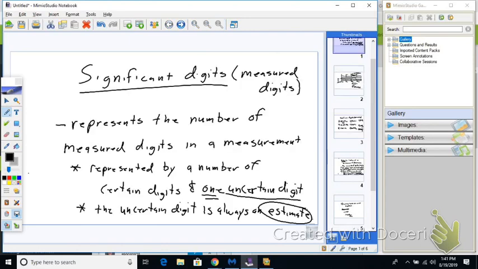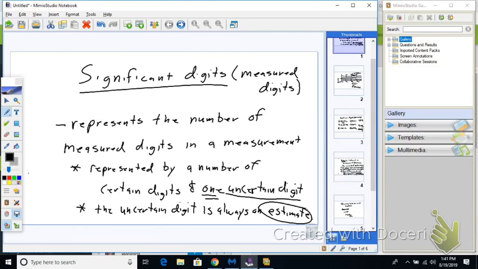Okay? Going back to our definition, significant digits represent the number of measured digits in a measurement. If you see a number and we tell you how many significant digits are in that measurement, it tells you how many numbers were actually part of the measurement.